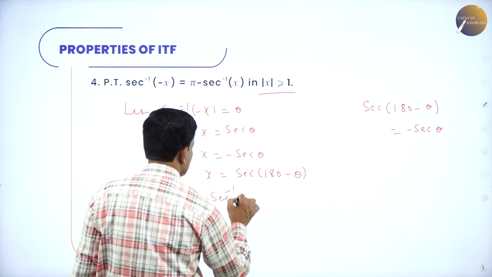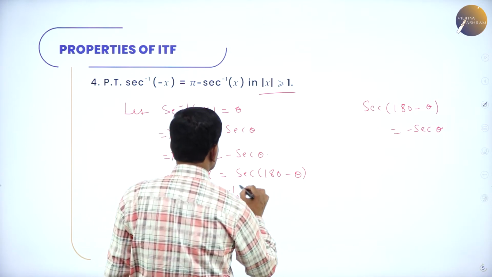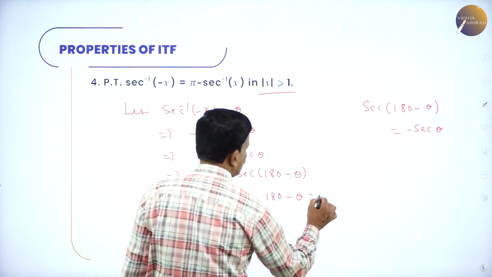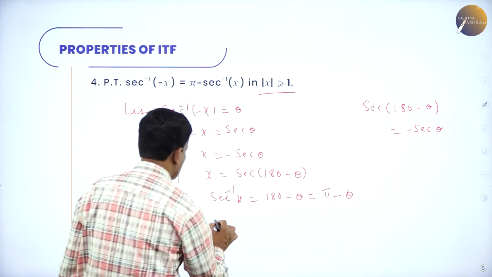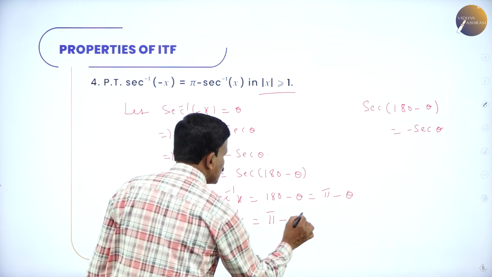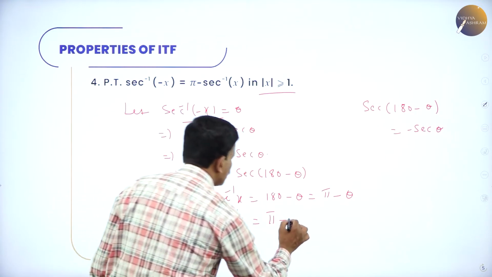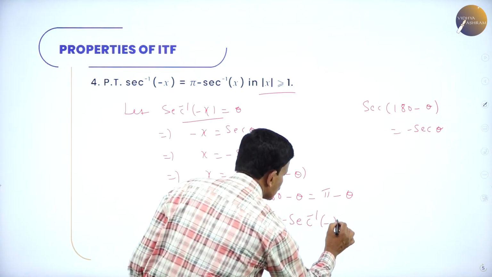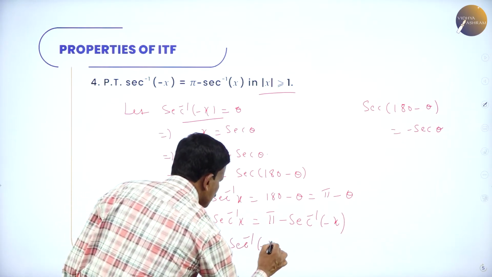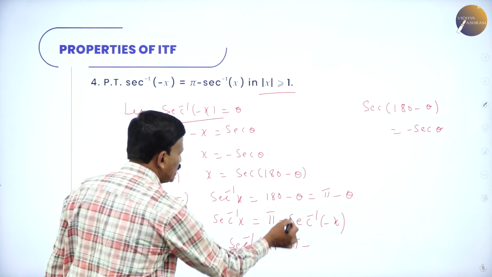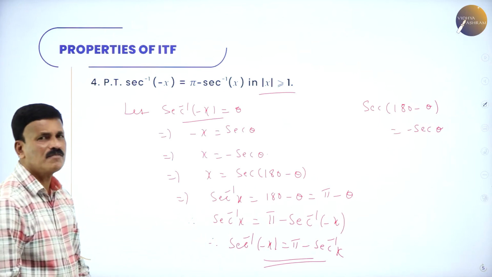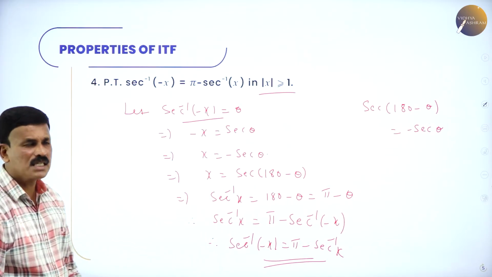This implies secant inverse of x is equal to 180 minus theta. 180 minus theta can be written as pi minus theta. Therefore, secant inverse of x is equal to pi minus theta, and theta is nothing but secant inverse of minus x. Transfer this. Therefore, secant inverse of minus x can also be written as pi minus secant inverse x. This is the proof.